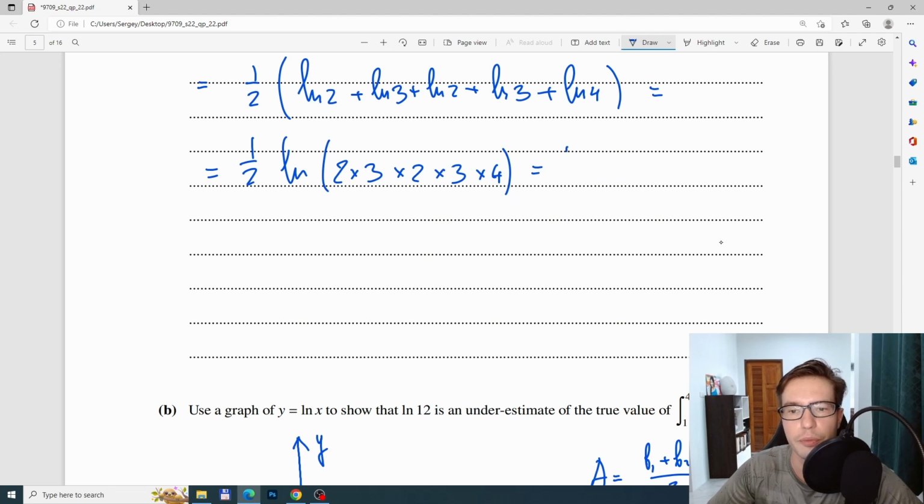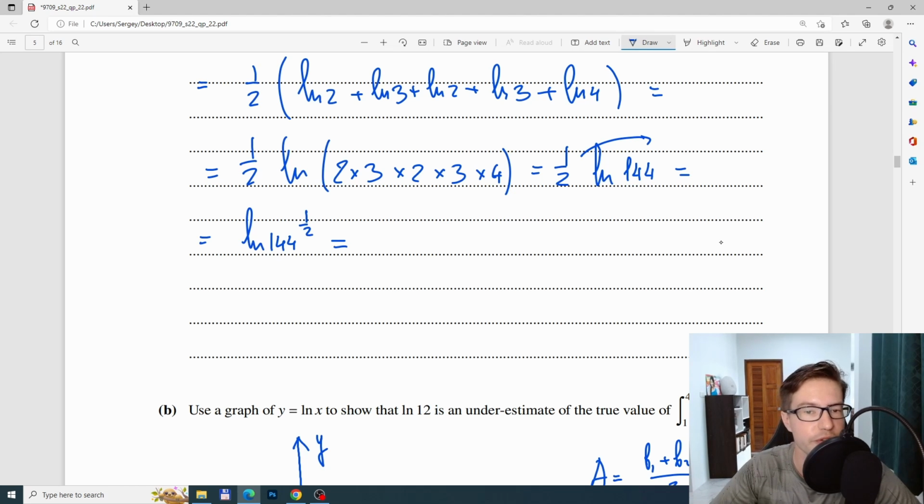Like that. And we get 1 over 2 natural log 144. Then we can bring the power in. So it's 144 to the power of 1 over 2, and the power of 1 over 2 is the square root. So we'll get natural log of 12.